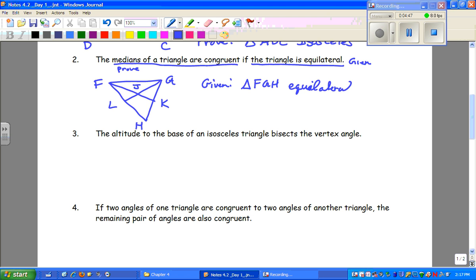All sides are congruent. Nicely done. I heard you. And it has medians GL, FK, and JH. What are we trying to prove? We are trying to prove that GL is congruent to FK, which is congruent to JH.